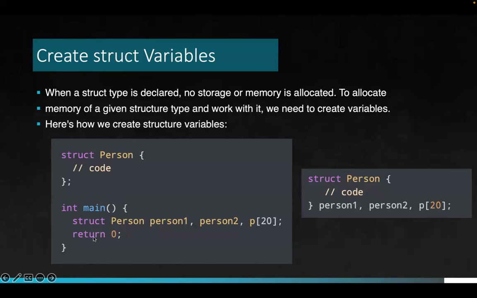So int main function, struct person, this person is a structure name, and the corresponding variables associated to the structure are person1, person2, and p of 20. Now return 0. The same way we can do it in another format also. Struct person, the structure name, and at the end, you can associate the variables like this as well, which is person1, person2, p20, which is an array.